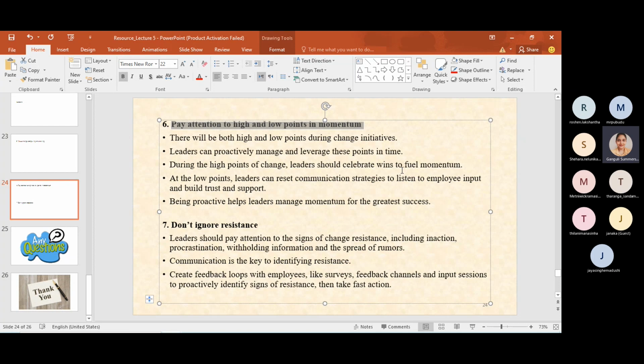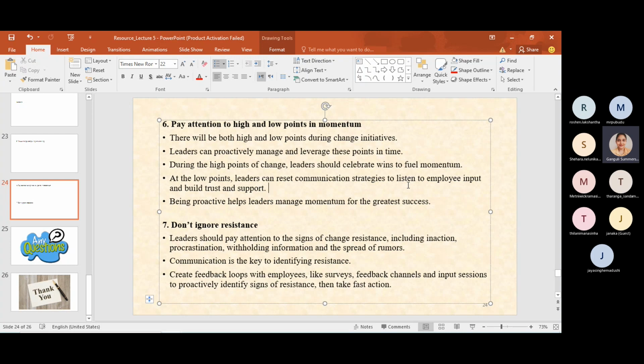Low points is when there are problems, when there are challenges, when things are not going as planned. Okay, so as a leader, during the high points, you should make sure to celebrate these high points with your employees.